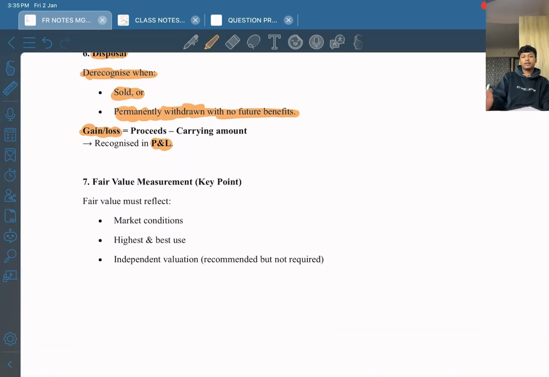And there is one more concept known as fair value measurement. What are the key points of fair value measurement? Fair value must reflect the market condition, highest and best use, and independent valuation. Independent valuation is recommended but not required.